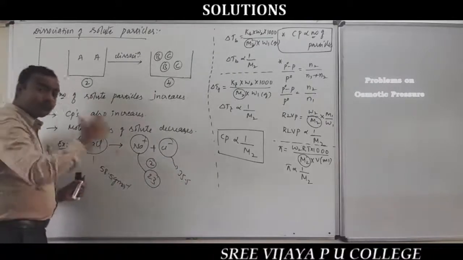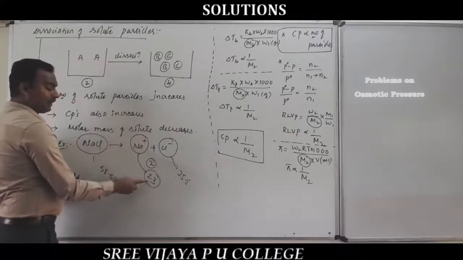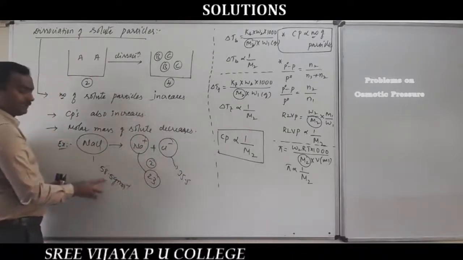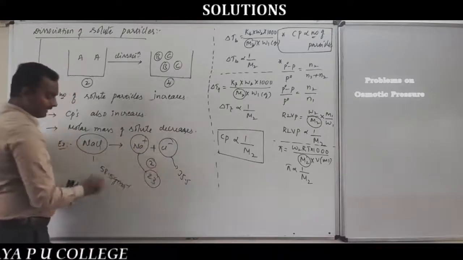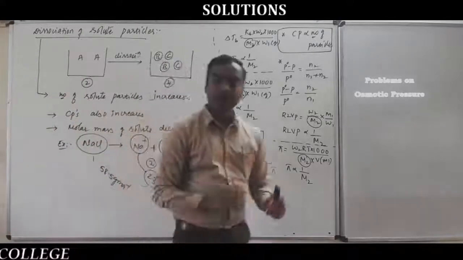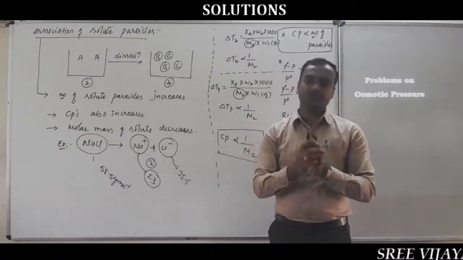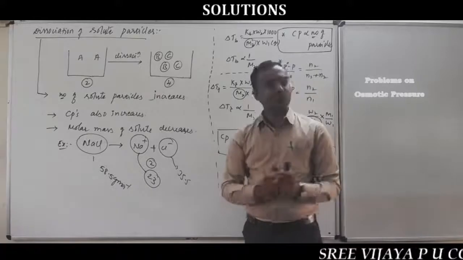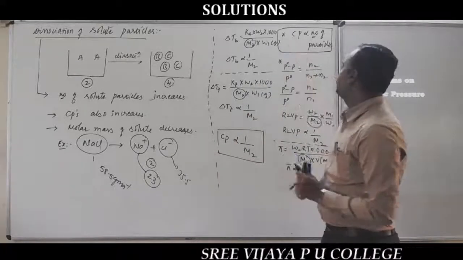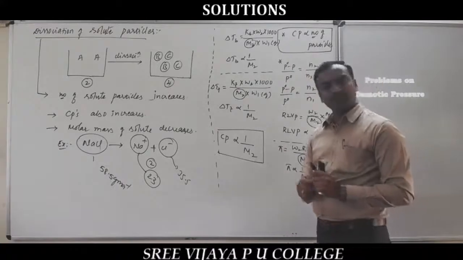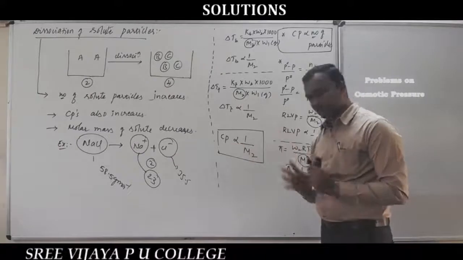Therefore, after dissociation, the solute particles have a lesser molar mass compared to the normal molar mass. So that is about the dissociation of solute particles. While explaining dissociation and association, you have to recall this important point: colligative property is directly proportional to the number of solute particles, and all colligative properties are inversely proportional to the molar mass of solute.